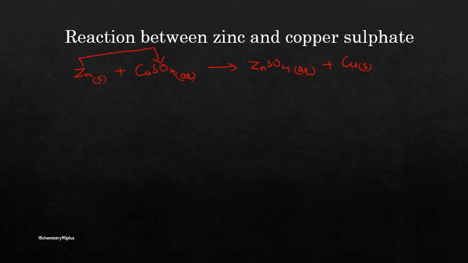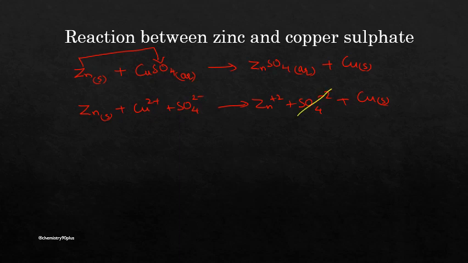So then we will write Zn is solid, so we have to just write as such, and copper will be ionic form, SO4 will be ionic form, will give you Zn ionic form, SO4 ionic form, and copper in the solid form. So do we have a spectator ion here?